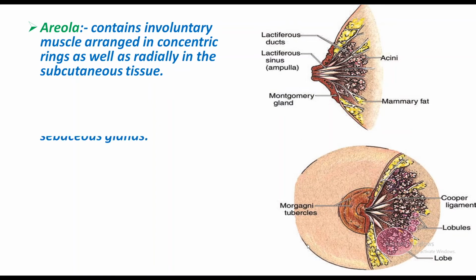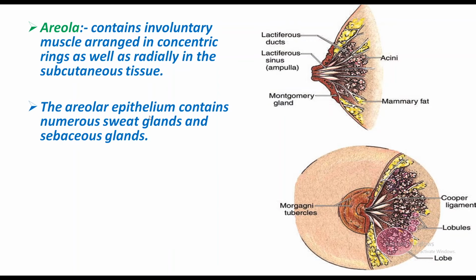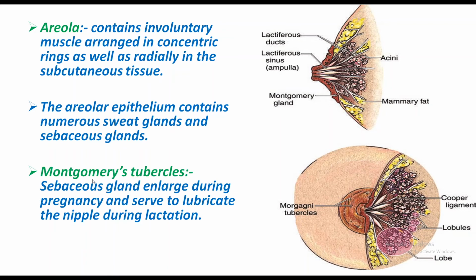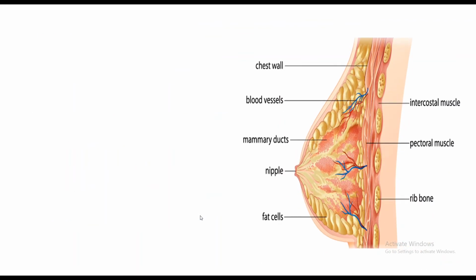And let us define more structures. Areola epithelium contains numerous sweat glands and sebaceous glands. You can see this. Now Montgomery tubercles are these ones. What are these? These are sebaceous glands that enlarge during pregnancy and serve to lubricate the nipple during lactation.